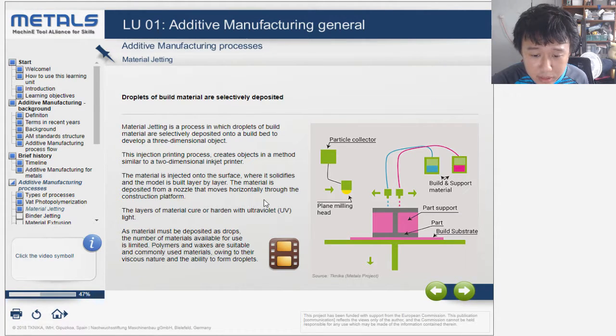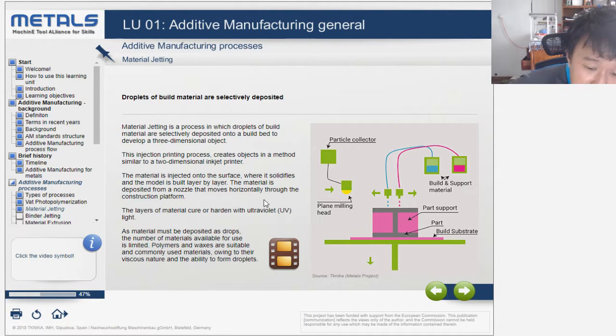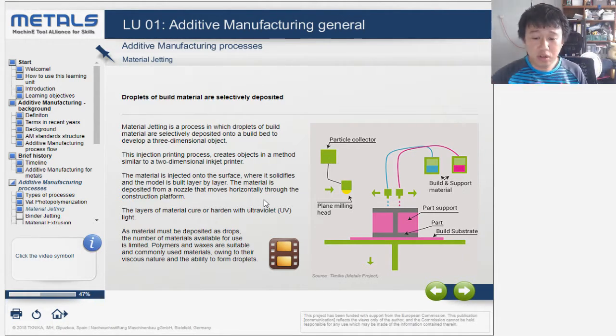The material is deposited from the nozzle that moves horizontally across the construction platform. The layers of the material cure and harden with ultraviolet light. As the materials must be deposited as drops, the number of materials available to use is limited. Polymers and wax are suitable, commonly used materials owing to their viscous nature and their ability to form droplets.